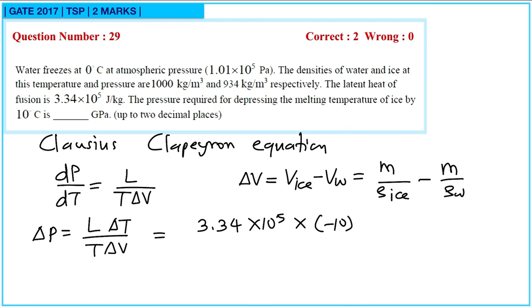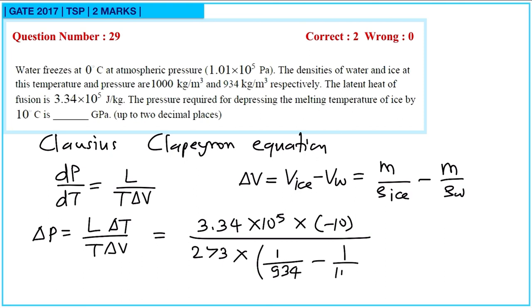So that means this will be minus 10 upon temperature, that is original melting point, 273, into 1 upon 934 minus 1 upon 1000. After doing this calculation, you will get 0.17 gigapascal. And the answer in the answer key is 0.15 to 0.19.